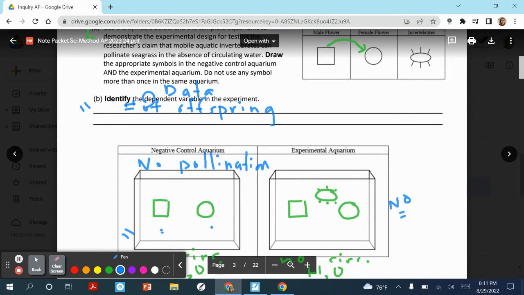That's data we could collect. Okay, or we could say the number of pollination events. So let's say 6 female flowers got pollinated, okay? Or the percent of the female plants that got pollinated. So again, whatever we put down has to be a number.